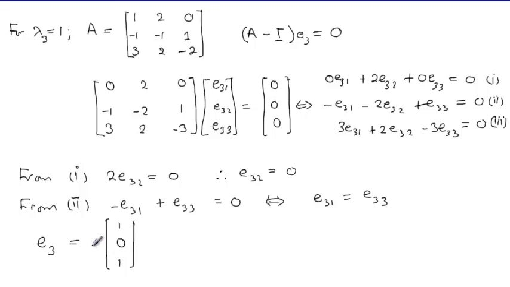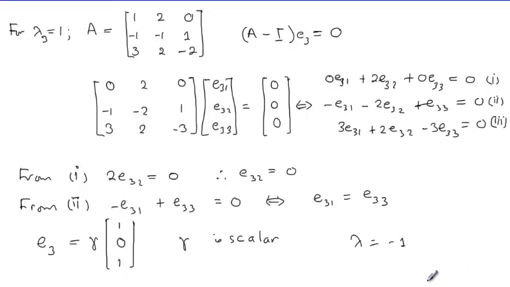So let's say this is equal to gamma multiplied by that, where gamma is a scalar. So at this point, we found two vectors, for lambda equals minus 2 and lambda equals 1. And I left the other eigenvector, lambda equals minus 1, for you to do as practice.